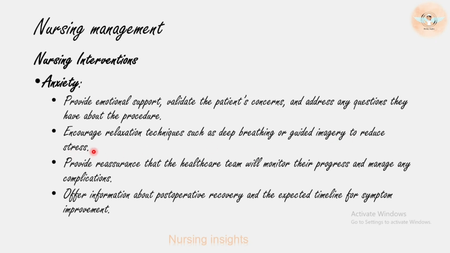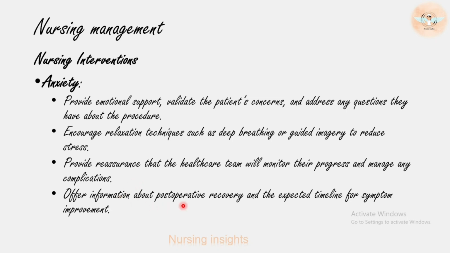We can teach them stress reduction methods, and provide reassurance that the healthcare team will monitor the progress and manage any complications. We should tell the patient not to worry, that it is teamwork, that they will monitor the disease process and progress, and if any complication develops, we will manage it. So we should reassure the patient.